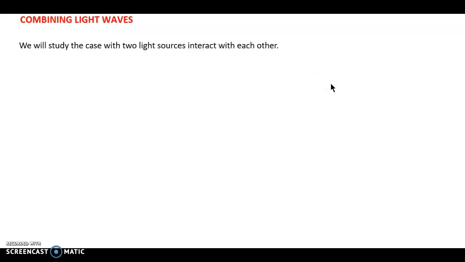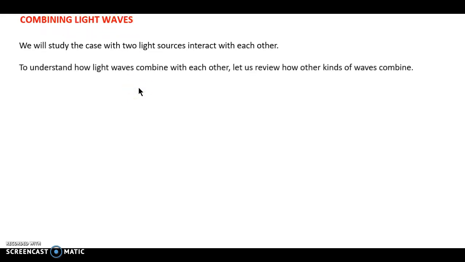Combining light waves. We will study the case where two light sources interact with each other. To understand how light waves combine, let us review how other kinds of waves combine. You have to use your imagination in this case.